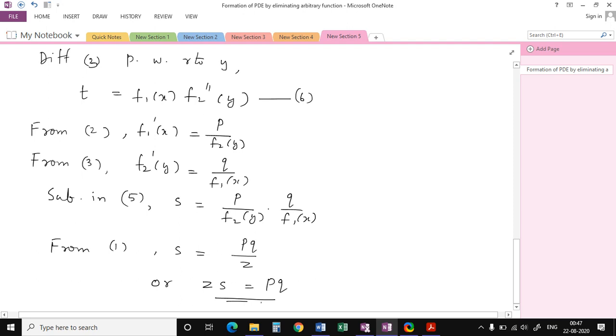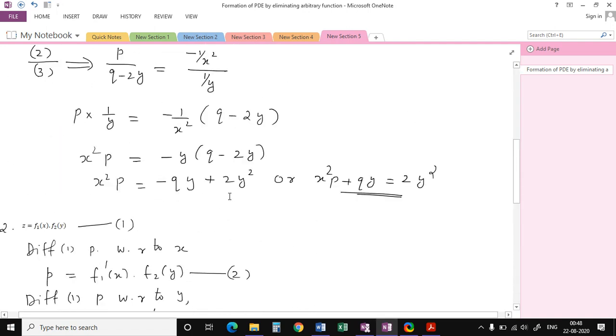So now this is the required partial differential equation, and you know that s is ∂²z/∂x∂y, so it is a second order partial derivative, and p is ∂z/∂x and q is ∂z/∂y. So after removing these two arbitrary functions, we got a second order partial differential equation.